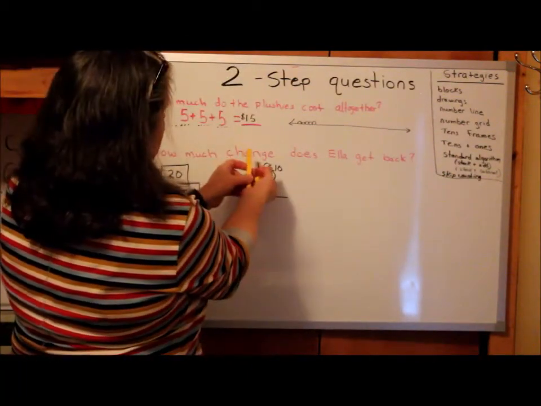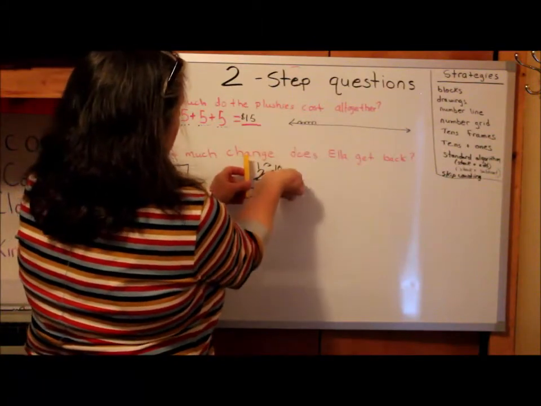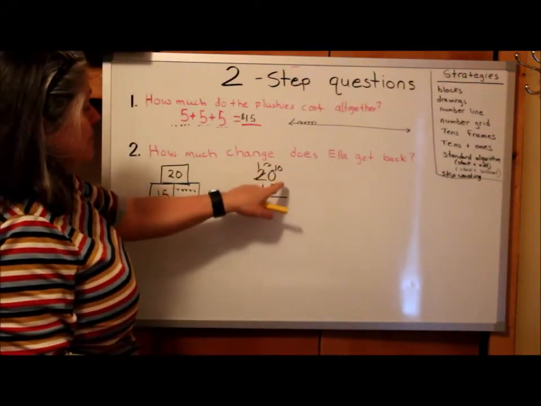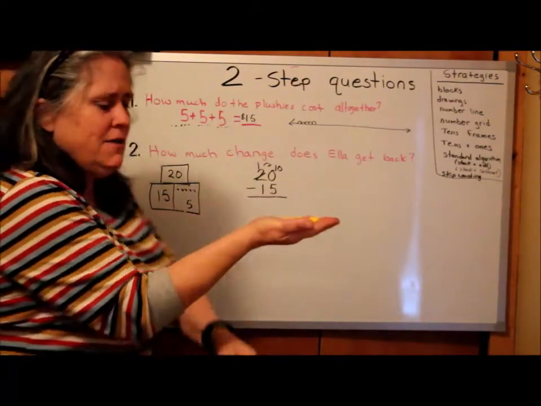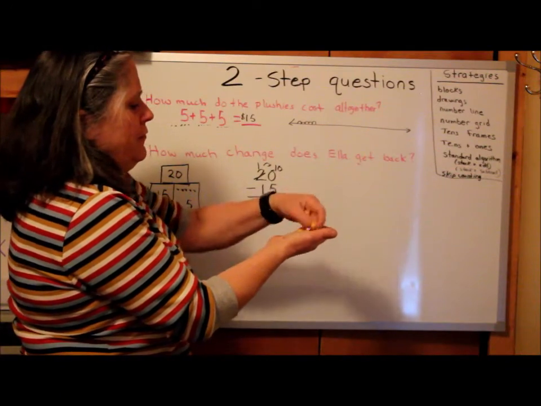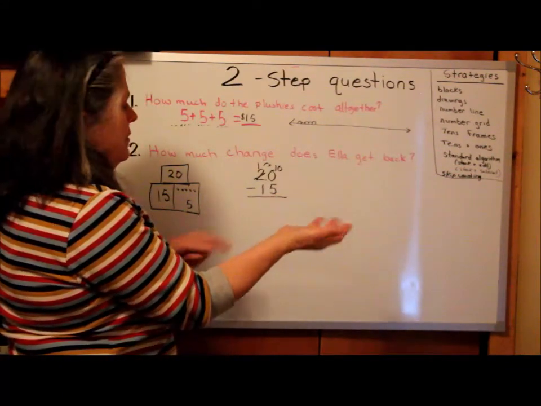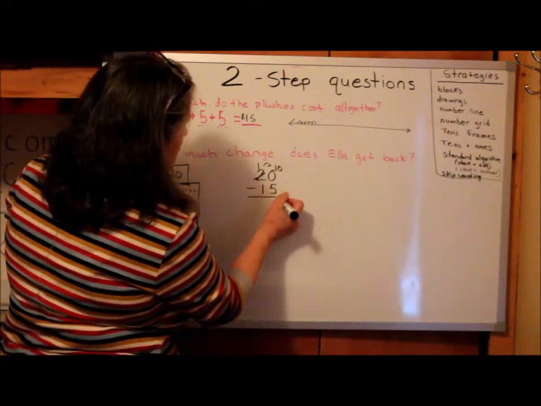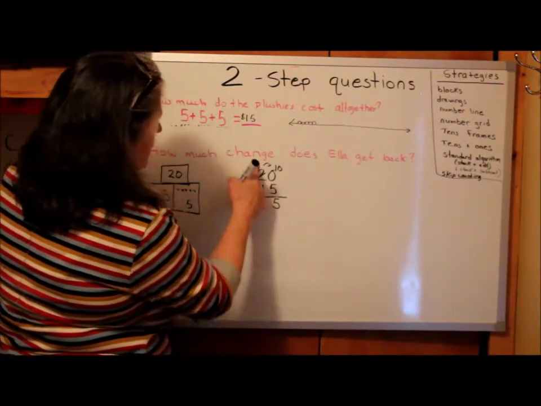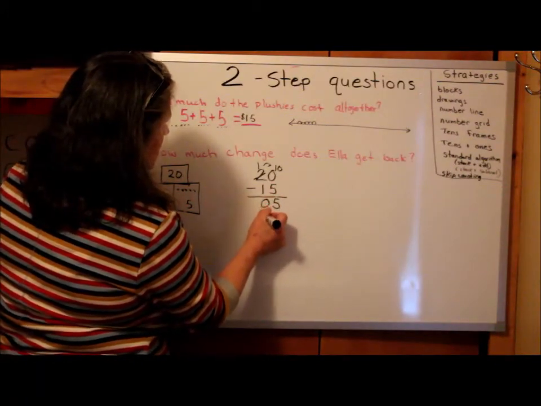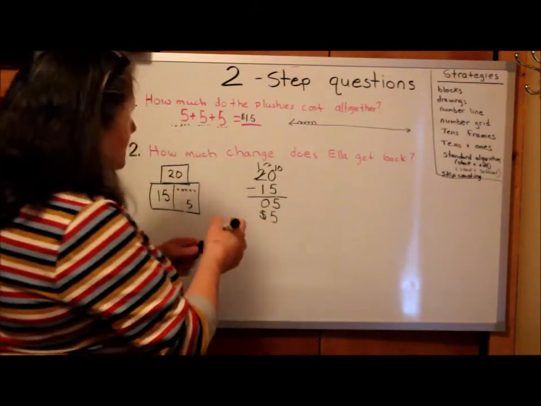So if I had 2 10s and I broke one up and brought it over here and made it 10 ones, now I can do 10 minus 5. I can take 5 ones away. 1, 2, 3, 4, 5. So now I have 10 minus 5 is 5, and 1 minus 1 is 0. So my answer would be $5.